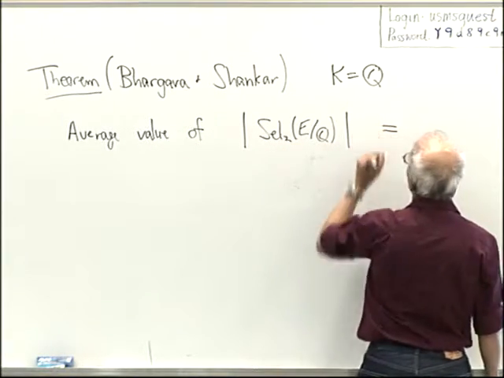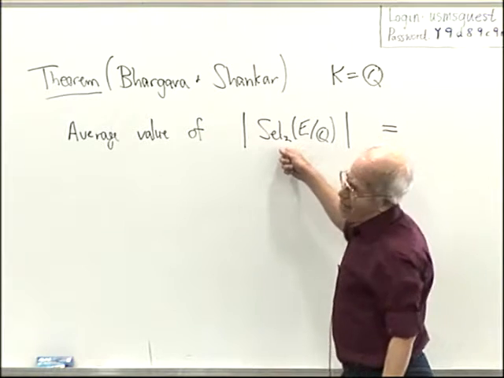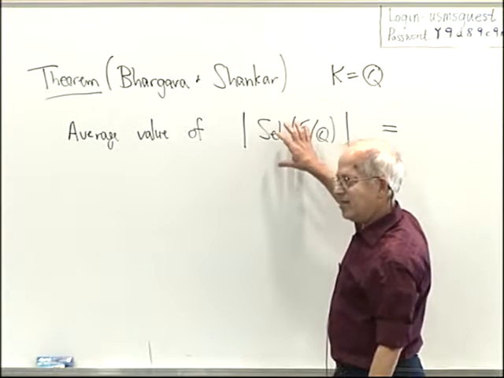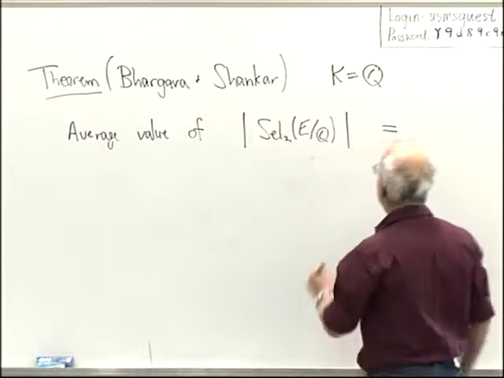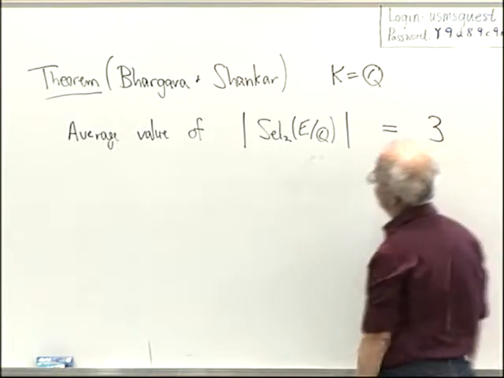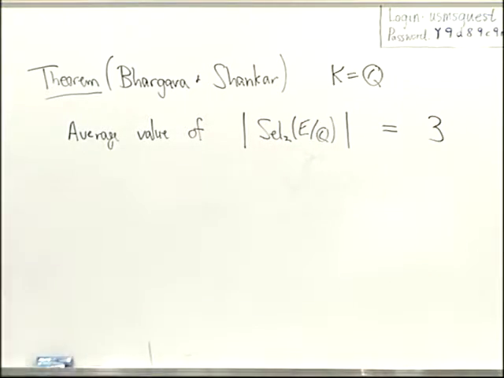And they proved the amusing result that the average value of the sizes of these F2 vector spaces is 3. Which, anyway, I think is amusing.